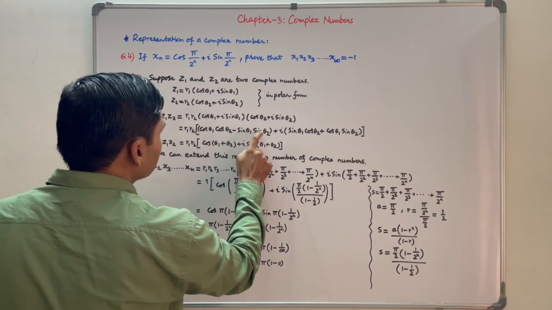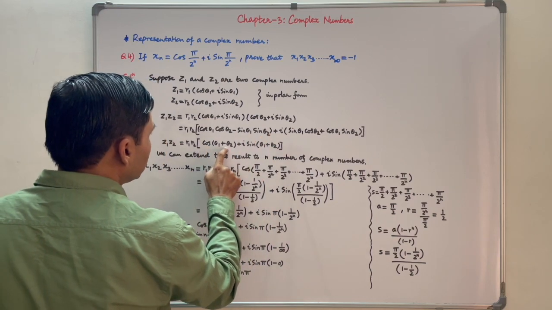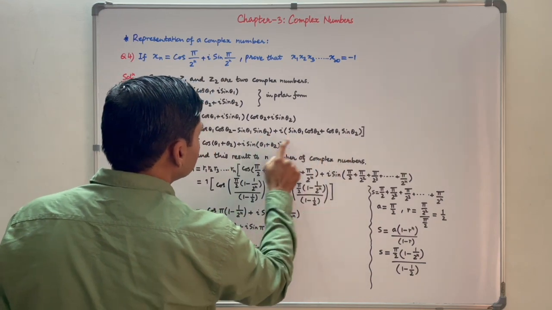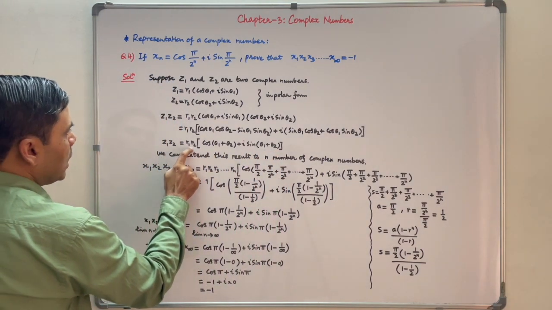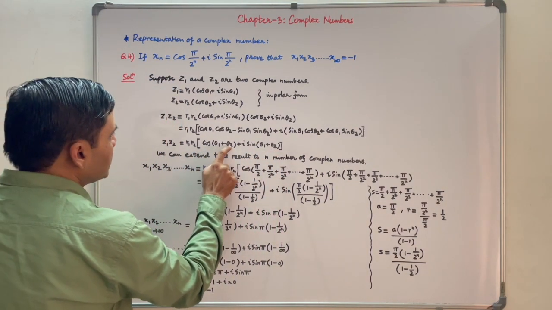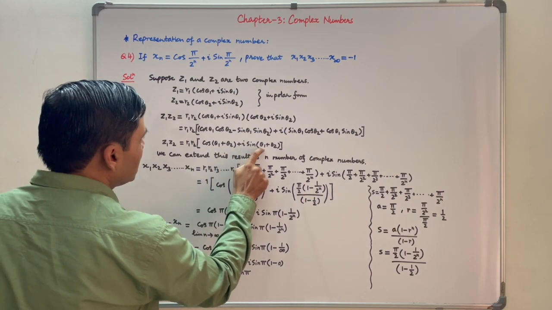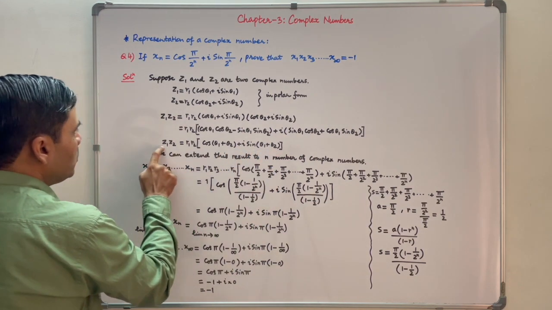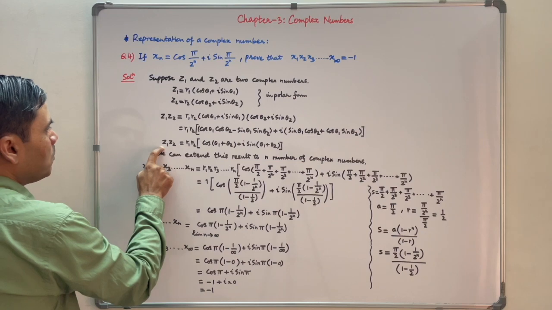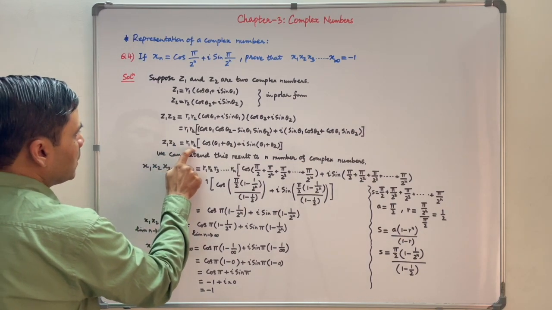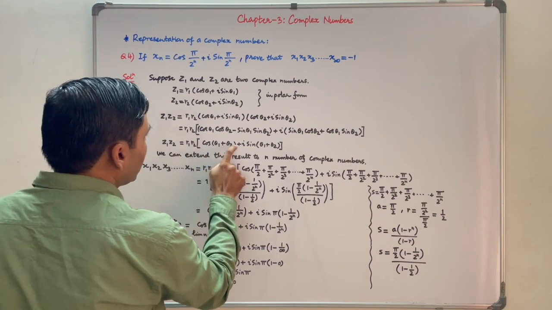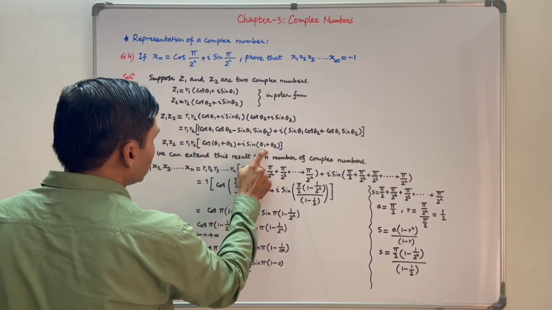We know that this can be written as cos (theta 1 plus theta 2) and this can be written as sin (theta 1 plus theta 2). So z1 z2 is equal to r1 r2 into [cos (theta 1 plus theta 2) plus i sin (theta 1 plus theta 2)]. The point to be noted here is that when two complex numbers in polar form are multiplied, their magnitudes are multiplied and their arguments are added up in the cos and sin functions.